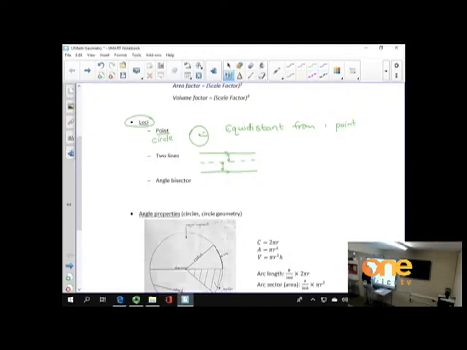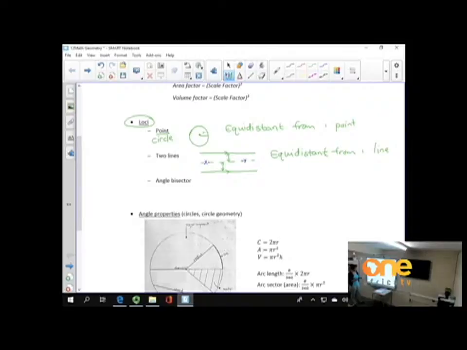These are parallel lines. So for example, you will have one point X there and one point Y there, and they will be equidistant from one line. So they are parallel lines, equidistant from one line.